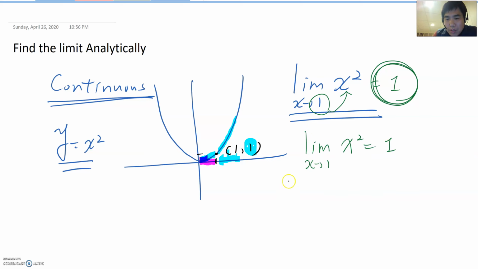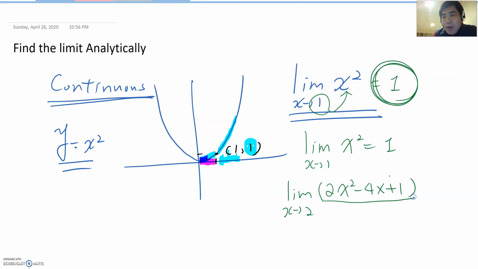Then what about the limit as x moves to 2 this time, of another function, 2x squared minus 4x plus 1? This is also a polynomial function, so you just plug the value in. You understand why, right?